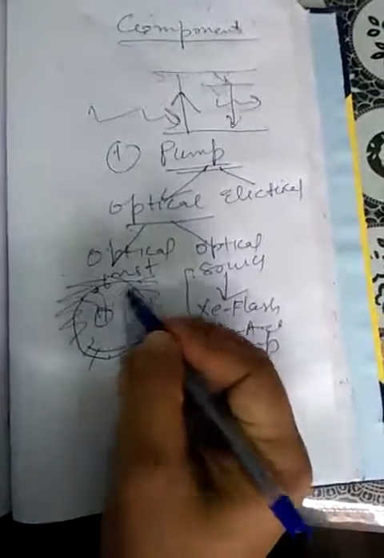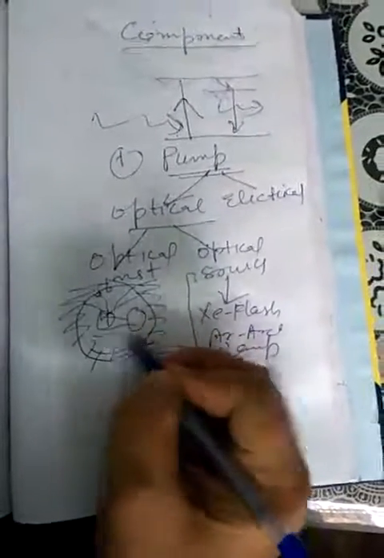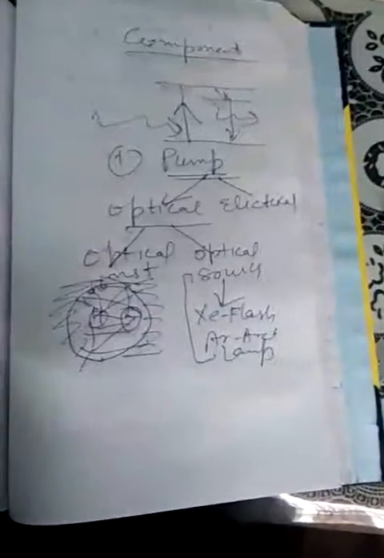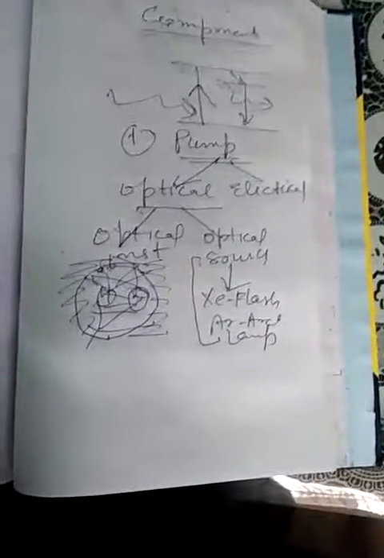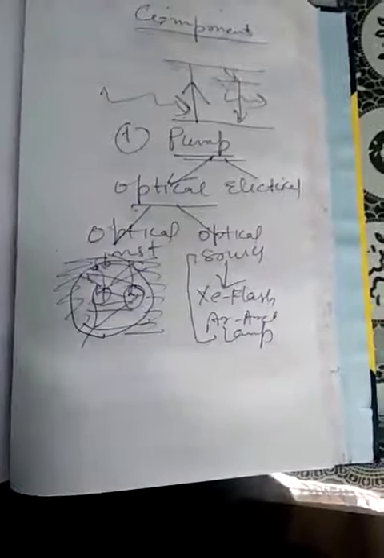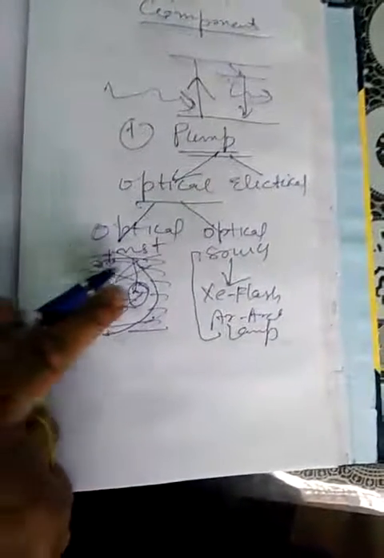They are arranged in such a way that maximum light is focused after reflection from the mirrors at a particular point. When the maximum light is focused, it transfers the maximum amount of energy and excitation takes place. This is the second way, that by using an ordinary light source we can excite the material.